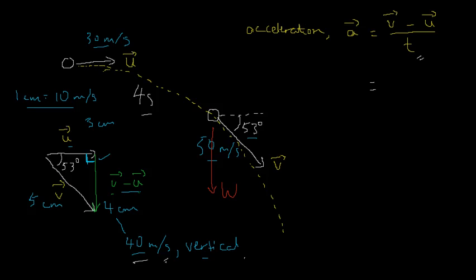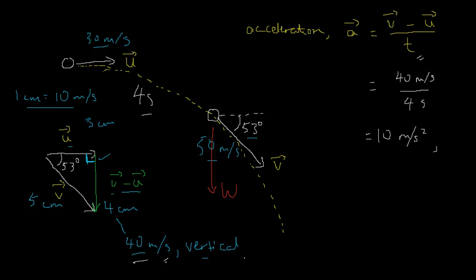What it means is this. Since v minus u is 40 meters per second, I should take 40 meters per second and divide it by t, which is 4 seconds, and then I get an answer: 10 meters per second squared, and I'll keep the direction of the answer unchanged, because the answer is supposed to be a vector as well.